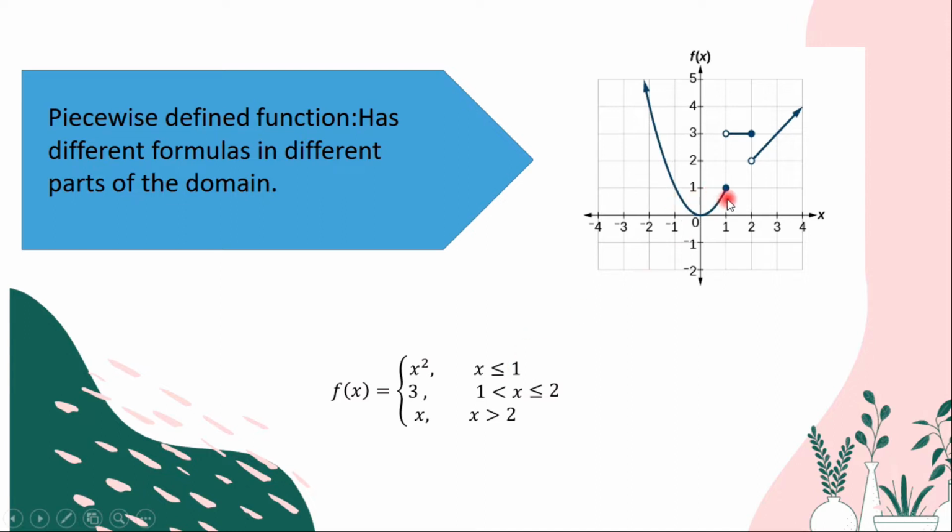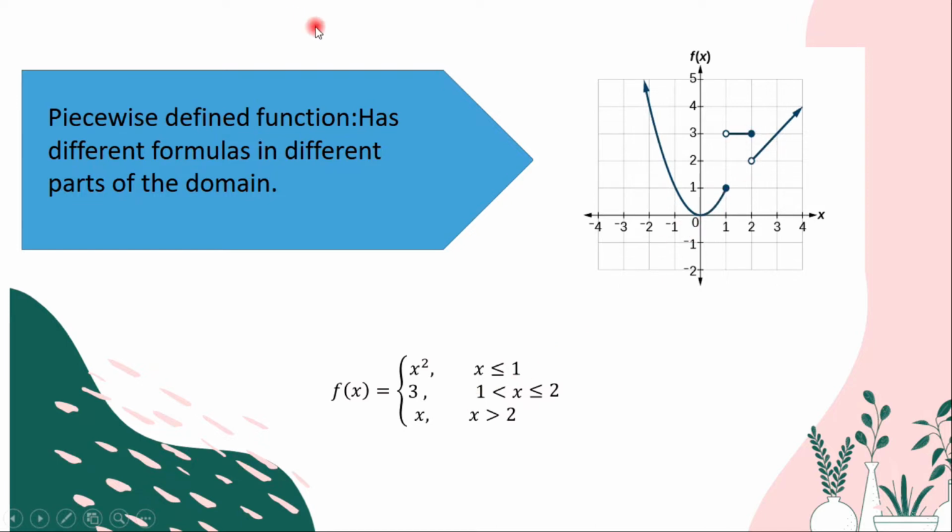So our domain starts from 1 and the arrow goes until infinity. It doesn't end at any part of the domain. So for our domain, we must write x is greater than or equal to 1.